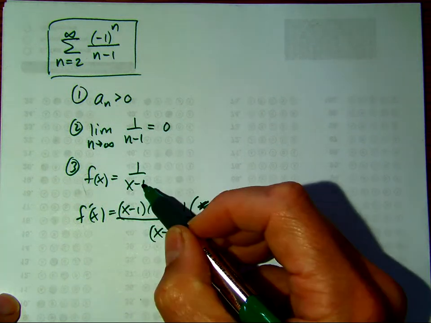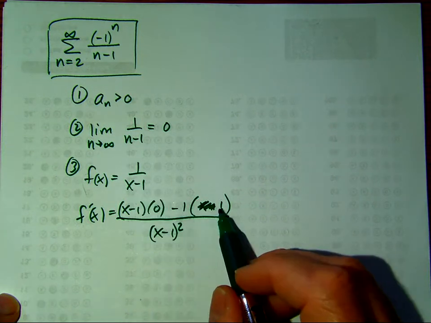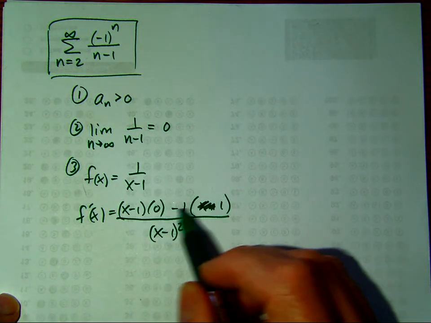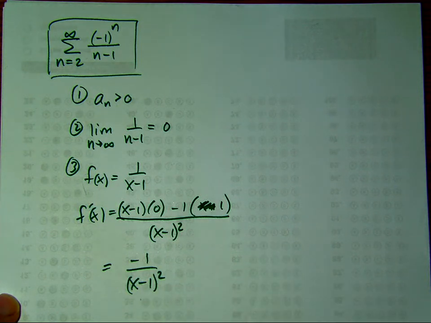Denominator times the derivative of the numerator minus the numerator times the derivative of the denominator. So that'll give us negative 1 over x minus 1 squared, which is negative.